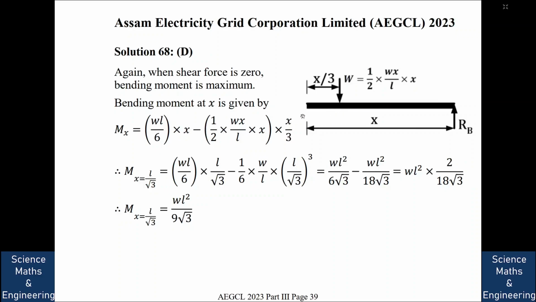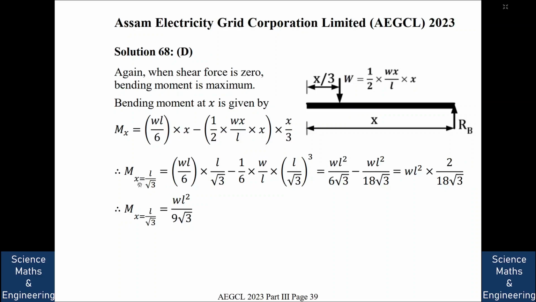So this weight into x by 3, that is clockwise, the negative, and RB into x, and RB is how much? WL by 6 into x, so anti-clockwise. So this is the total moment: WL by 6 into x minus Wx cube by 6L.